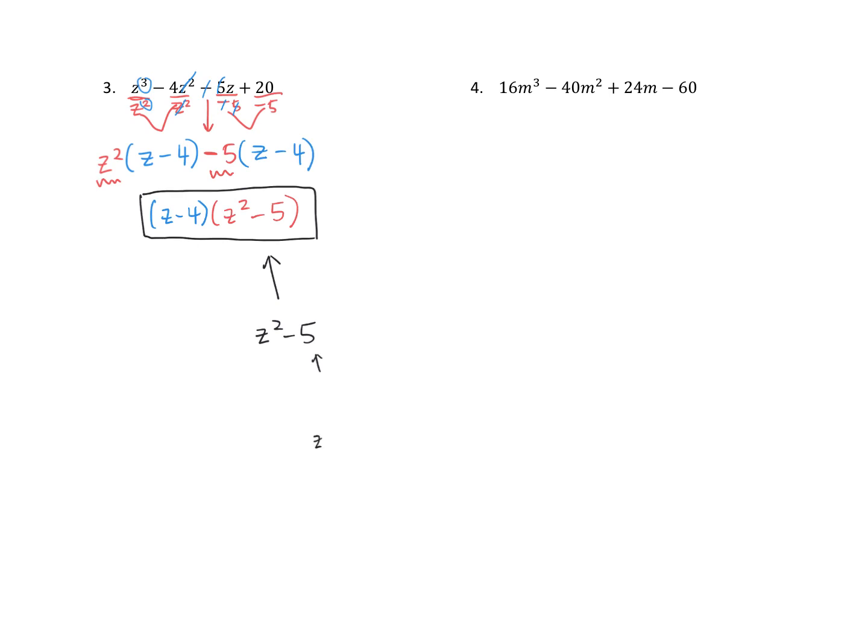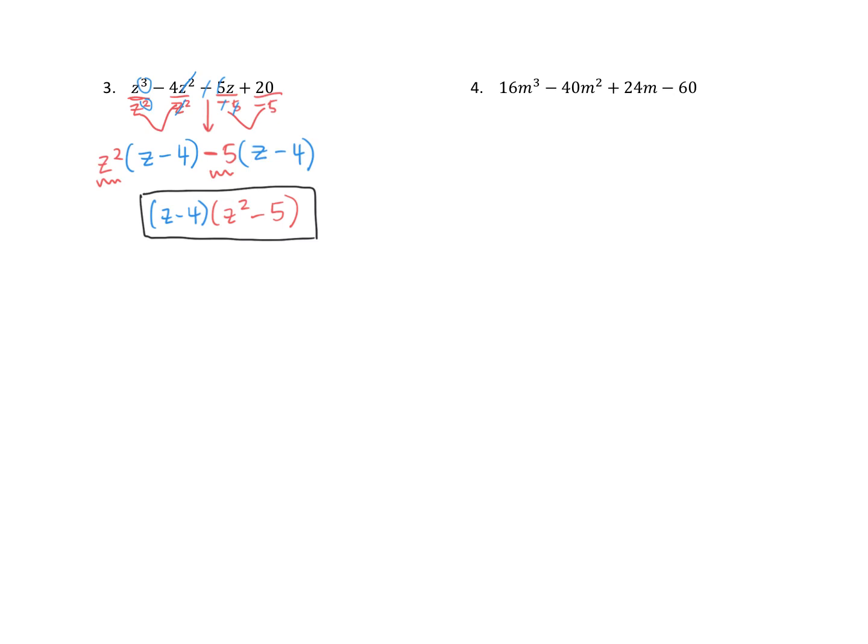So if it was like z squared minus 9, you could factor that into z minus 3, z plus 3. So it would be factorable again. But that's not the case here because 5 is not a perfect square. So that's as far as you can take that one. But be suspicious. If after you factor, you still have a square, you might want to just check to see if you could factor that again.